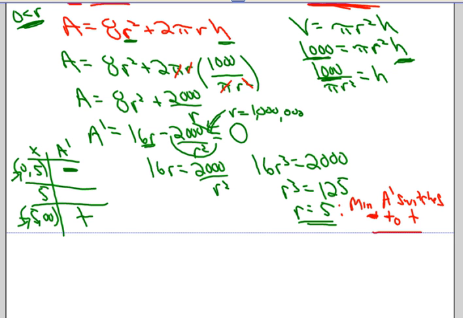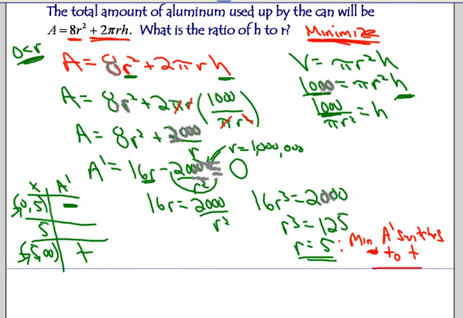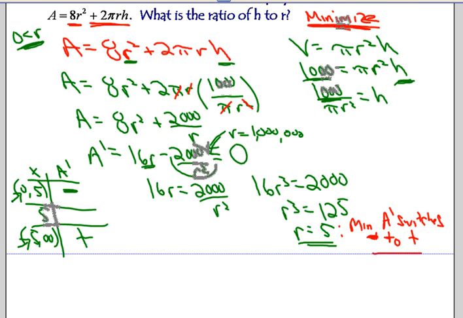Now, let's answer the question, because the question was some kind of a ratio of h to r. So let's find h. H is 1,000 over pi times r squared. We just found r was 5. 5 squared is 25, and 25 goes into 1,000 40 times.